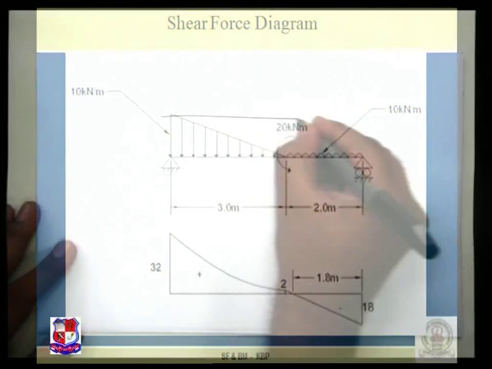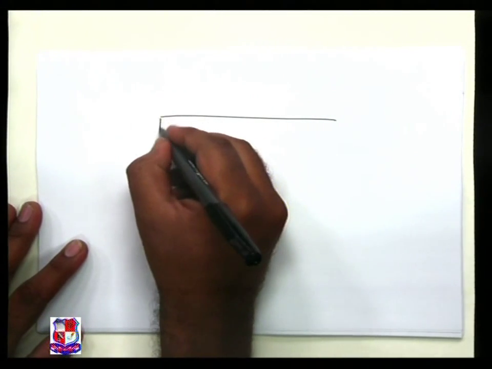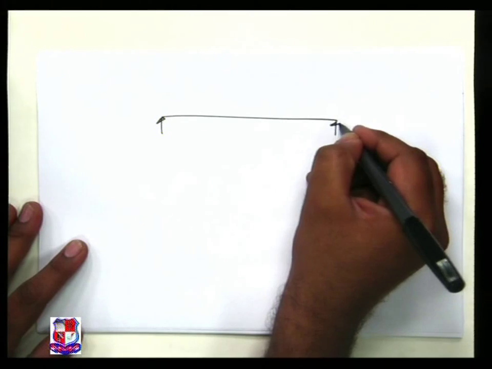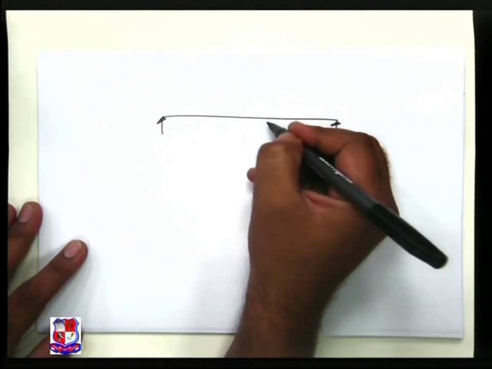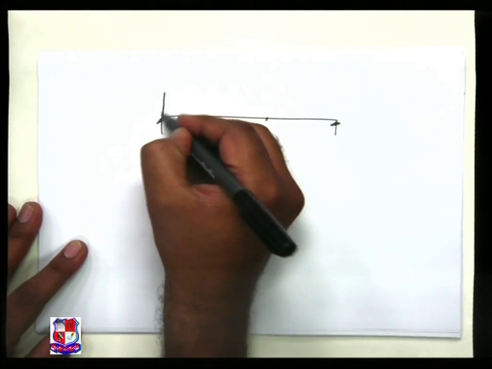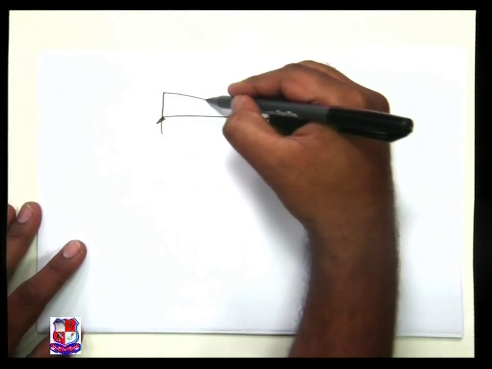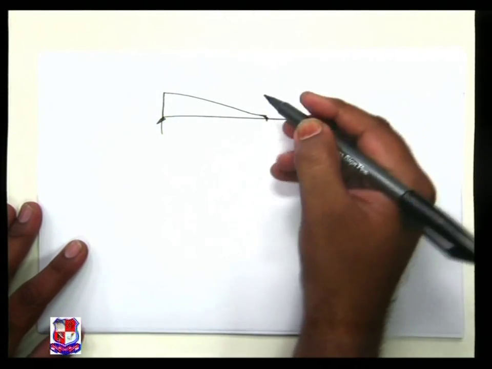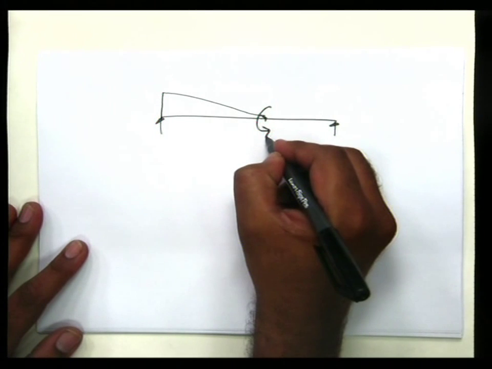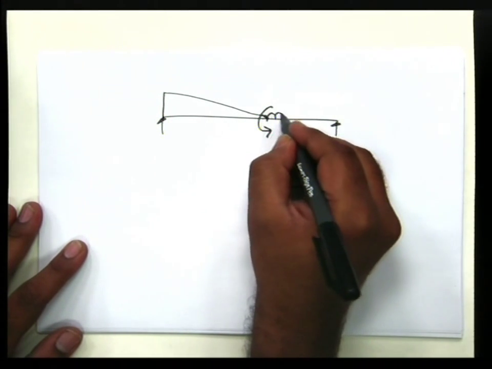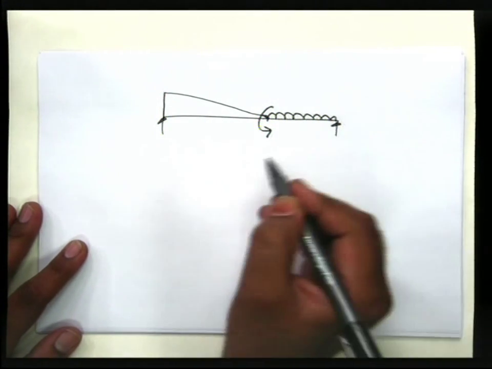This is the given beam. Three meter UVL is acting, an anti-clockwise concentrated moment is acting, and UDL is acting.